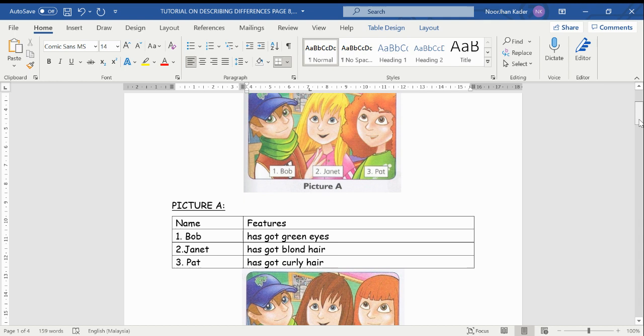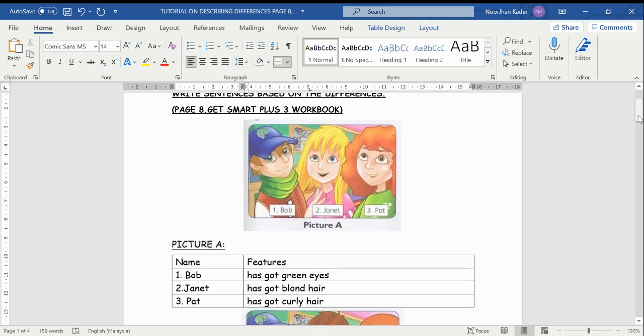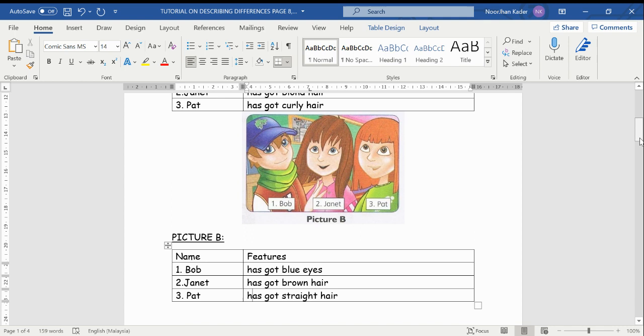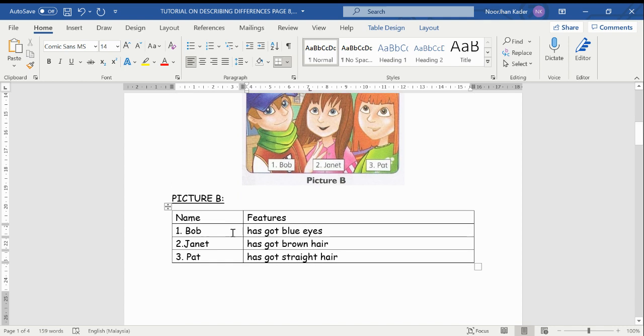Okay, let's just read again. Picture A, Bob has got green eyes. Number 2, Janet has got blonde hair. And thirdly, Pat has got curly hair. For picture B, Bob has got blue eyes, Janet has got brown hair, and Pat has got straight hair.